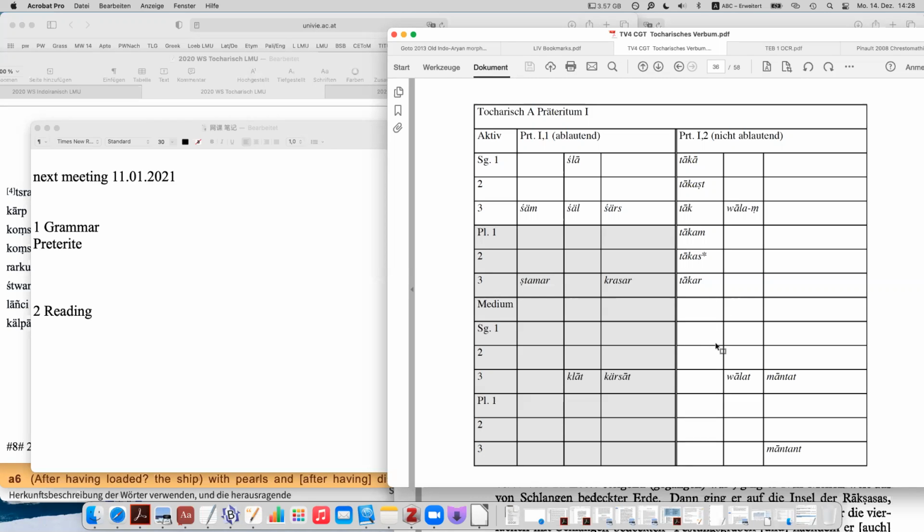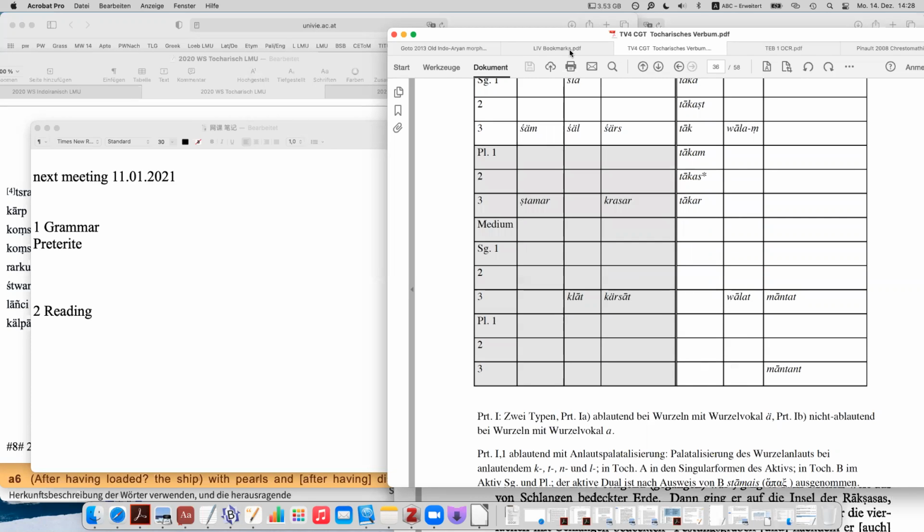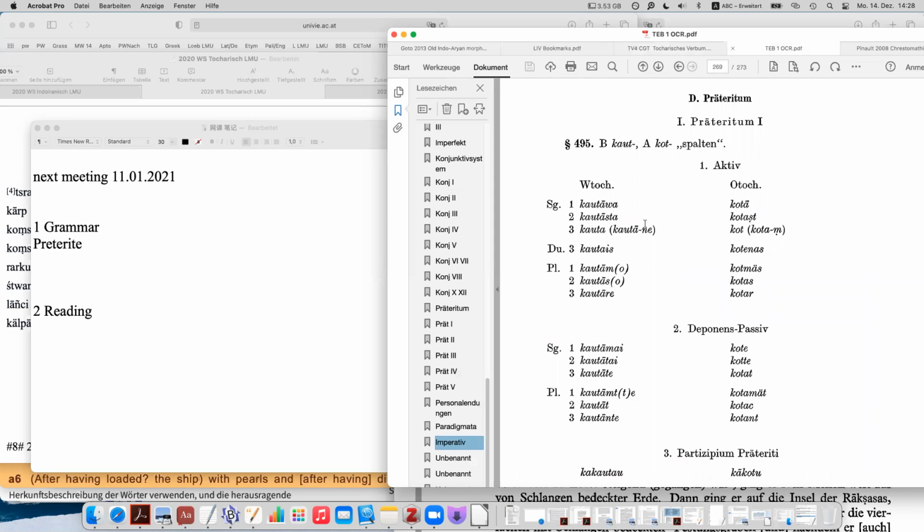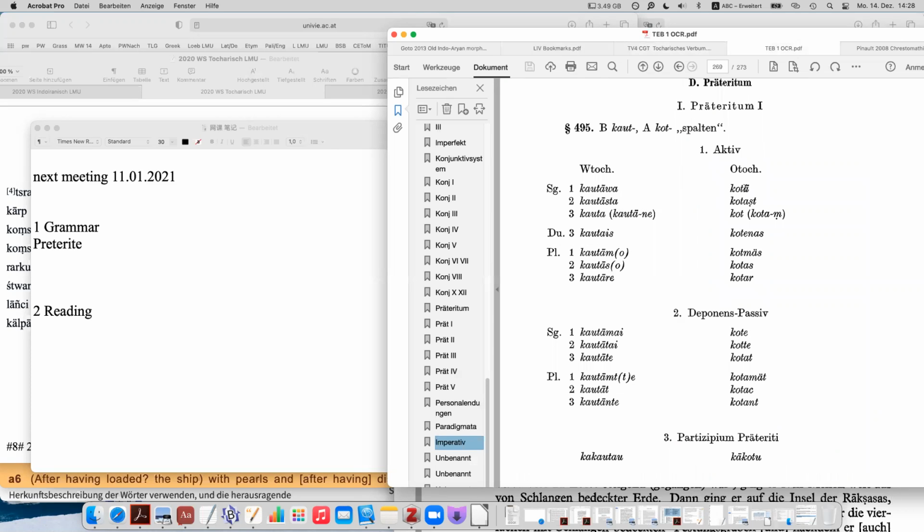And for the middle, well, it's not really complete, so we can actually check this book, Tocharisches Elementarbuch. So we find it here. The third person has zero ending, but with an enclitic pronoun, you have an R in between. And then, well, the dual is pretty rare. You can actually ignore it.